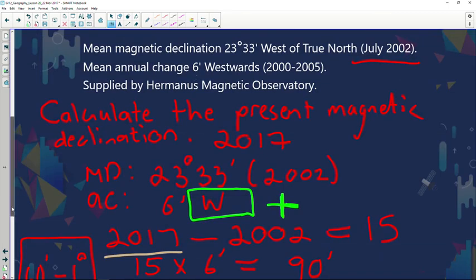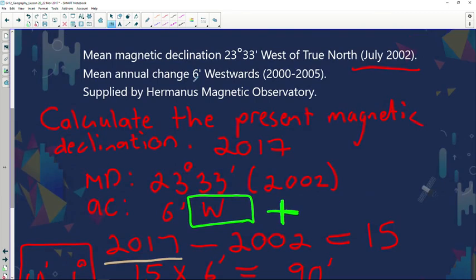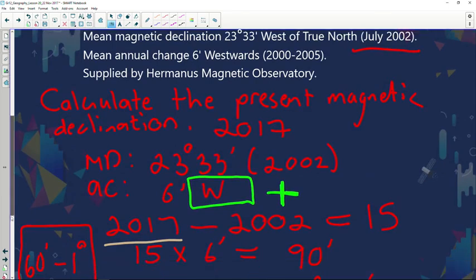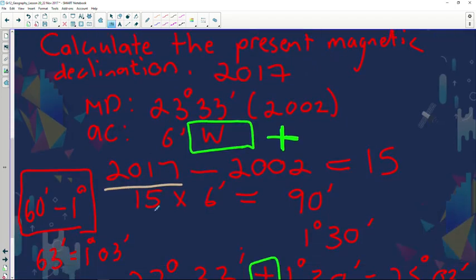Every year it changed 6 minutes, so we take that 15 times 6, and we got 90 minutes. 90 minutes equals 1 degree and 30 minutes, because 1 degree equals 60 minutes.